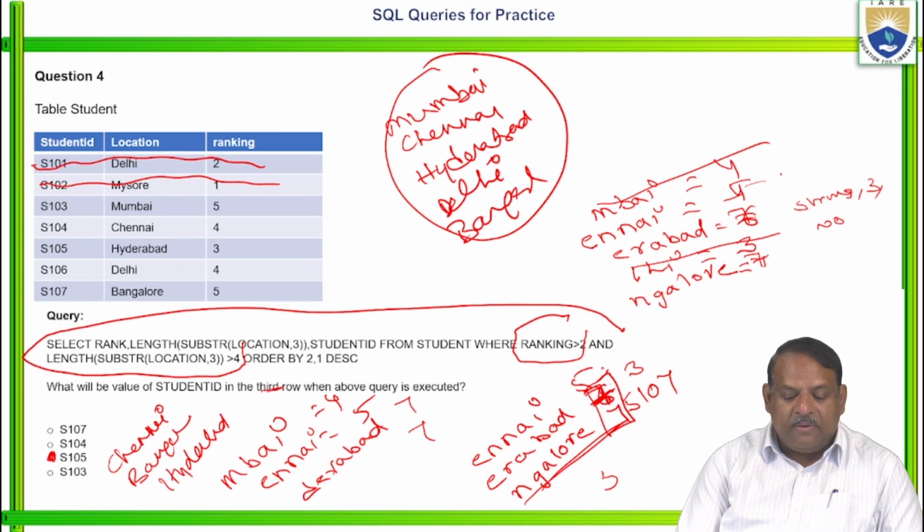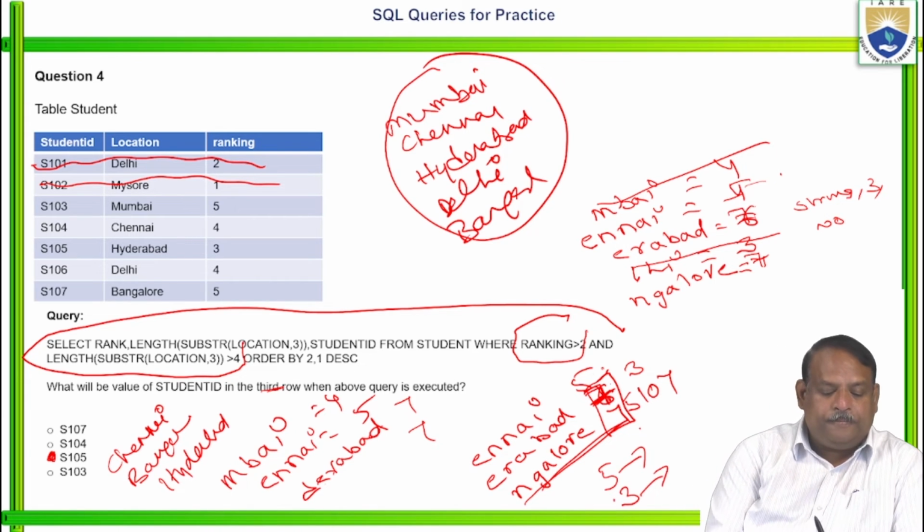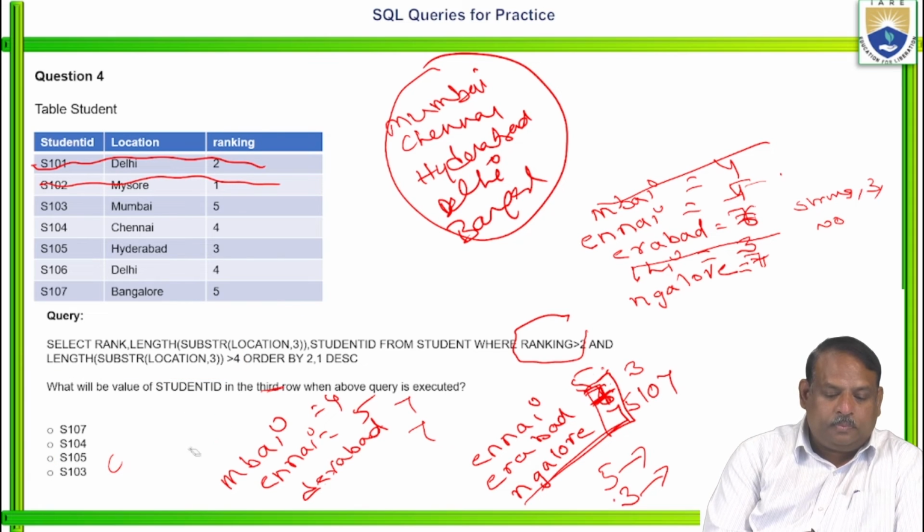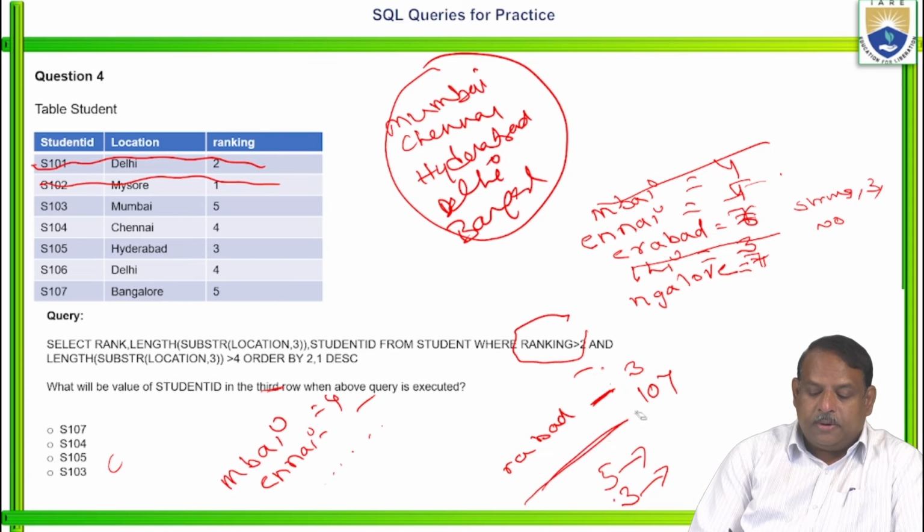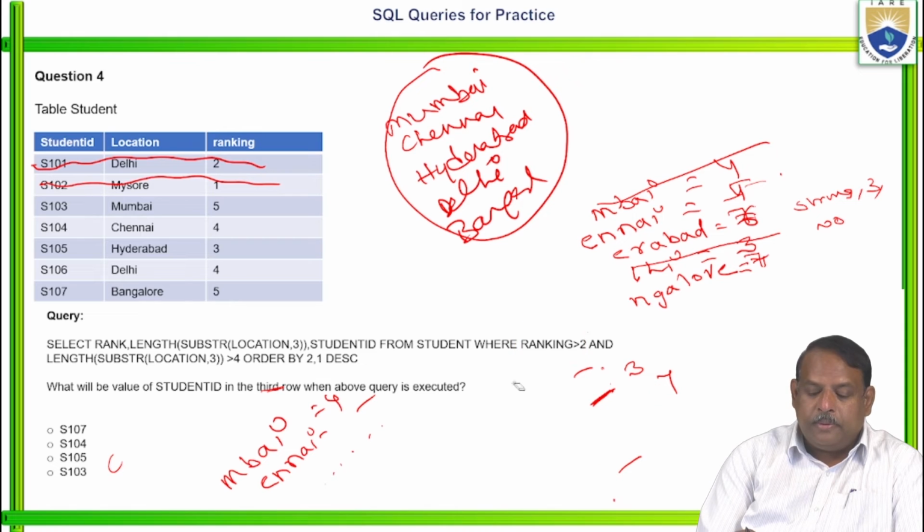Bangalore is 5, then Hyderabad is 3. So Bangalore will be first, Chennai second, and Hyderabad third. The third row is Hyderabad. So we are going to get 105, not 107. We'll discuss one more problem.